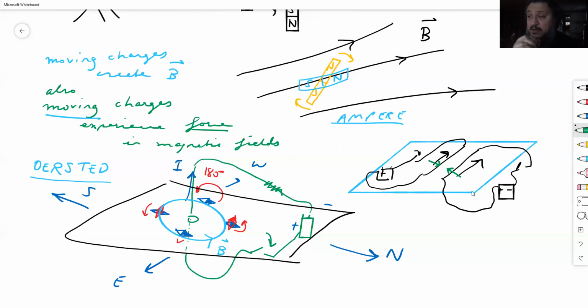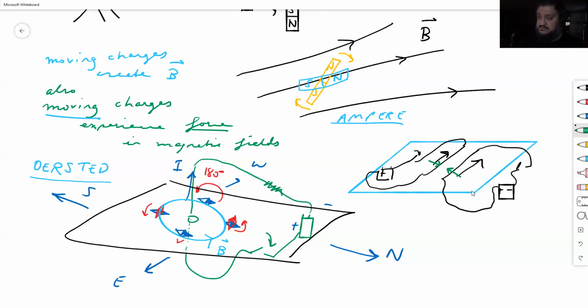So two current carrying wires interact without touching each other. And that's because one of them creates a magnetic field and the current is affected by that magnetic field, or vice versa. You can think about the other way.